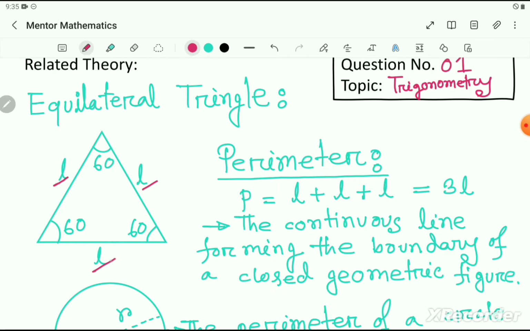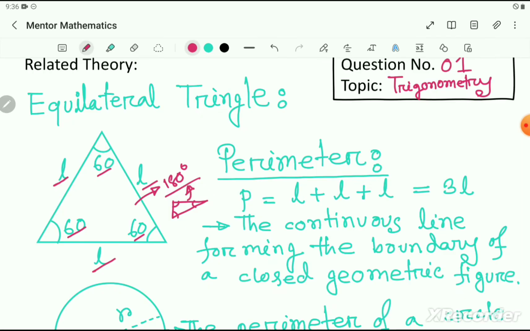If we consider the angle between two sides, it's also the same. See, all are 60 degrees, and we know the summation of all angles of a triangle is 180. It's always constant. Whatever the triangle size is, it could be like this, not an equilateral triangle, but still the summation of the angles would be the same.